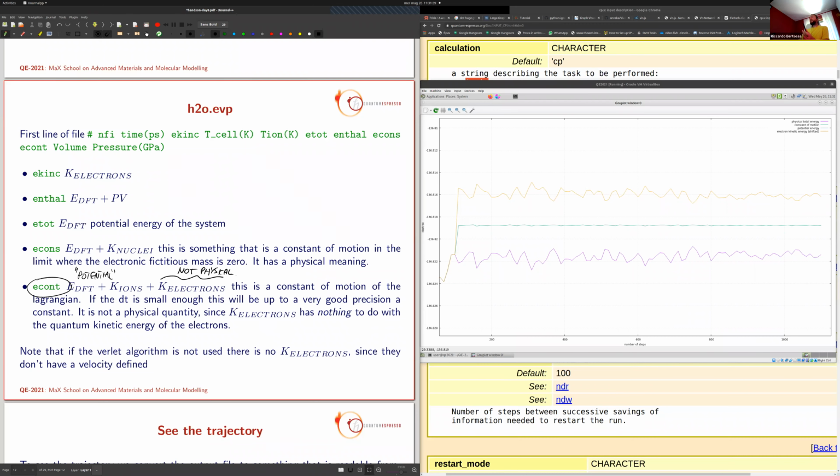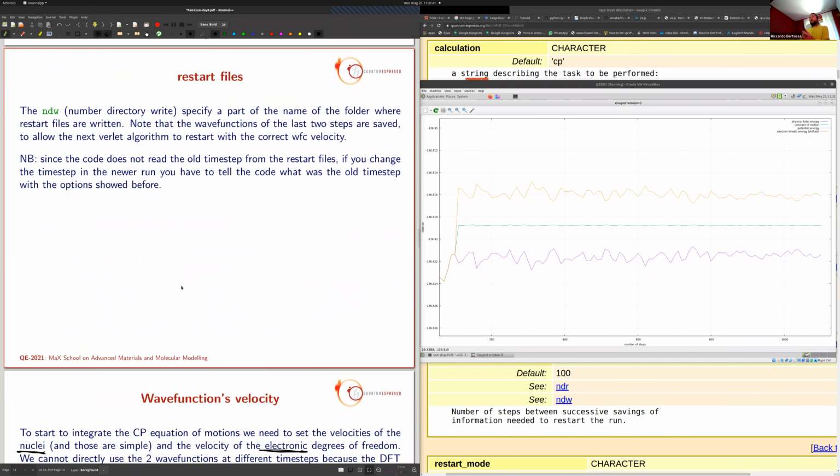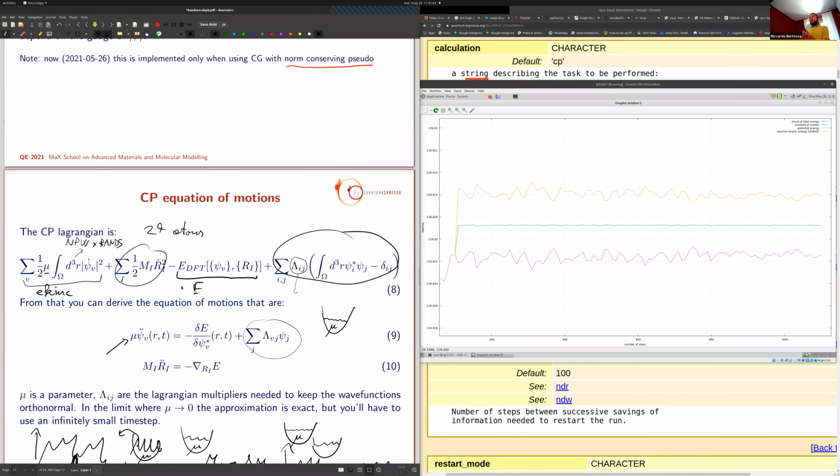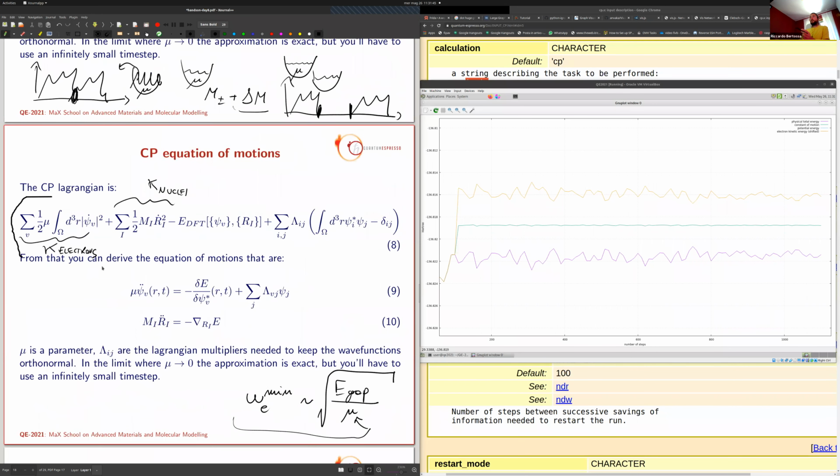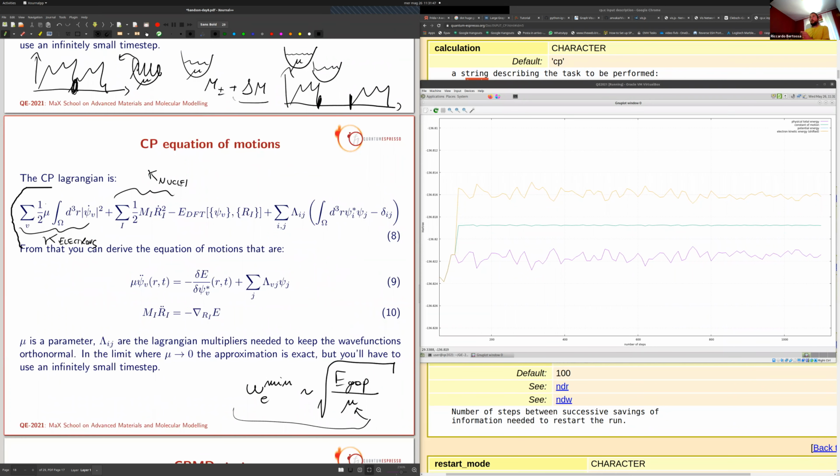Also because if you change mu, the fictitious mass of the electron, this kinetic energy changes, so it is not something physical. So this constant of motion is useful to know if the simulation is good, but it's not something physical.